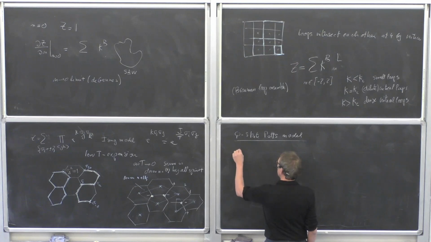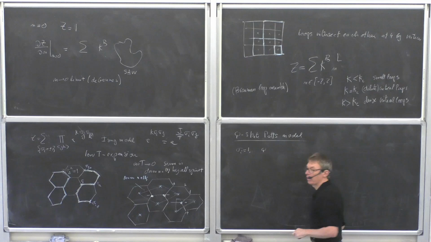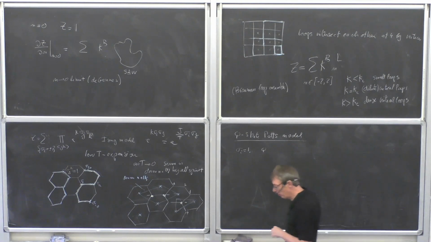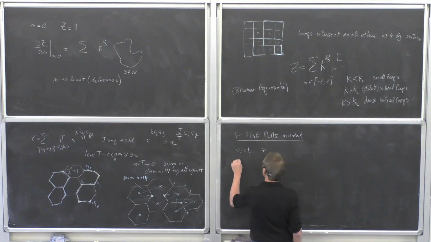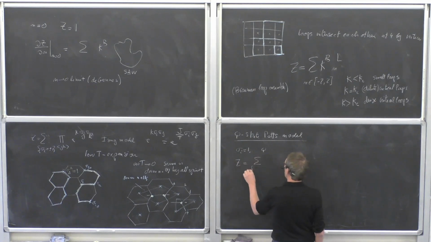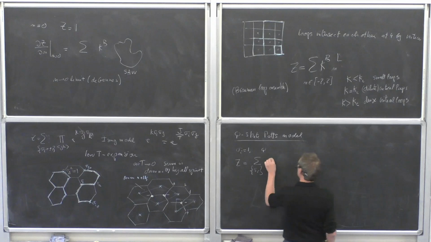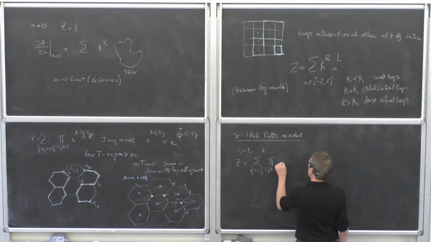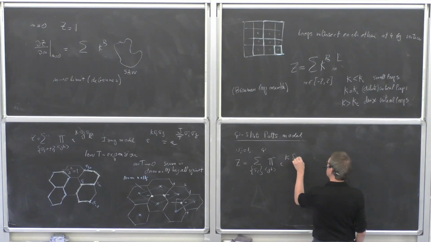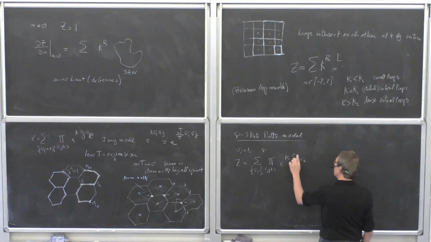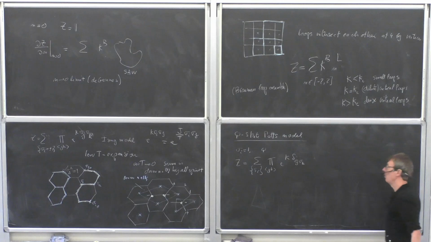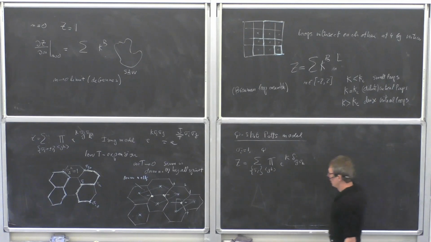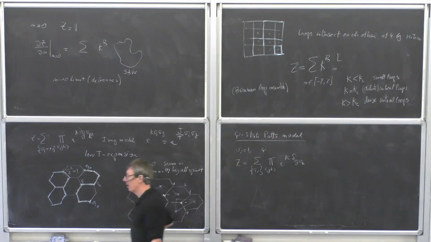Q-state Potts model is a model where the spins, instead of taking values 1 and 2 or plus and minus like in the Ising model, now take Q values, and the partition function is the sum over the sigma i's of the product over the neighbors of e to the k delta sigma j sigma k, where the delta means it's 1 if sigma j is equal to sigma k, and it's 0 otherwise.